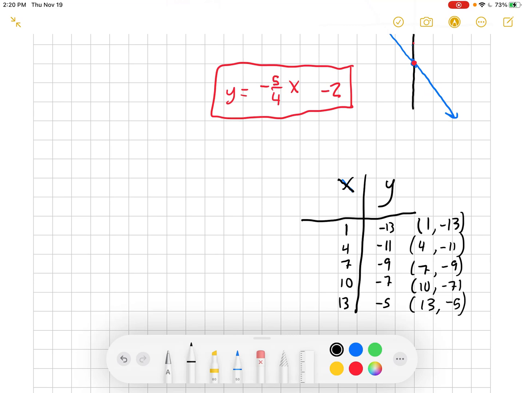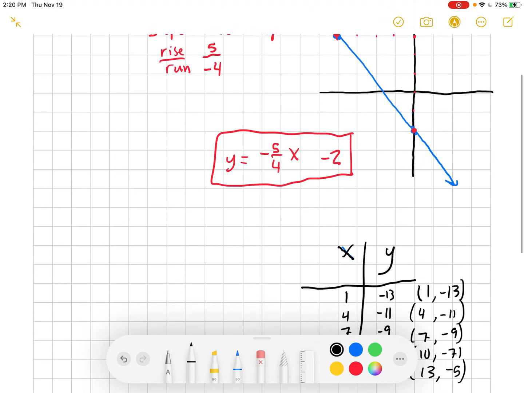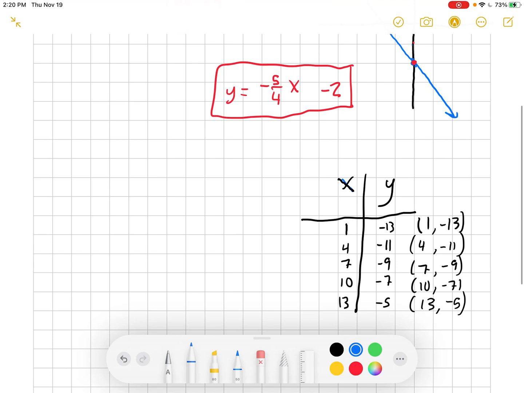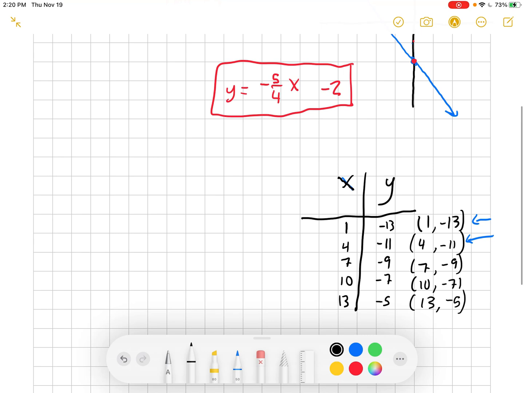And so from here, to figure out what the rate of change would be, we would keep in mind that since it's a line, it's going to be the exact same for all points in the line. So we can pick any of these points here. I'm going to pick the top two, but like I said, you could pick any of them. All right? From here, we have to remember the slope formula.